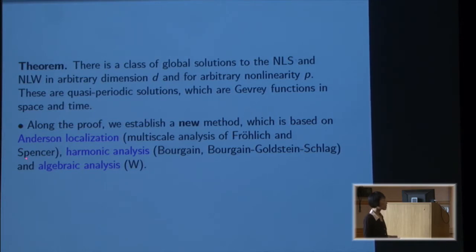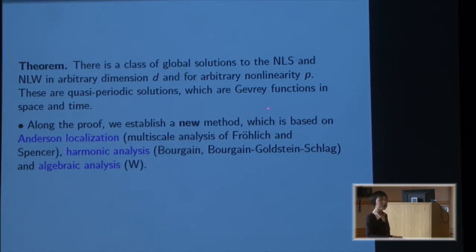So Anderson localization, this is the basic mechanism underlying this line of research. And so the use of harmonic analysis is when you have 2 eigenvalues which are very close. You use harmonic analysis to control the small divisors, right?